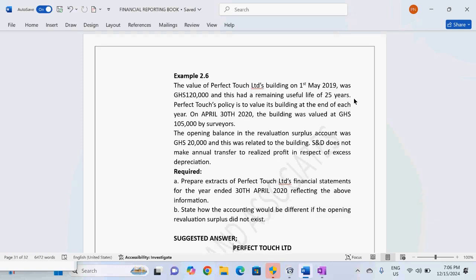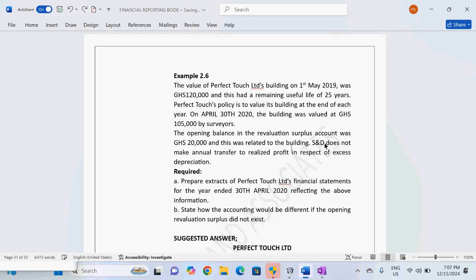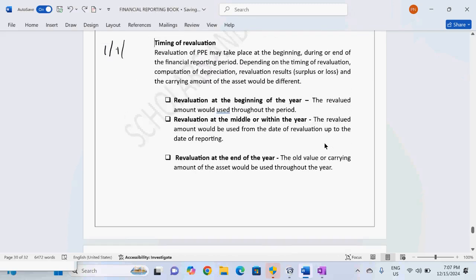The opening balance in the revaluation surplus account was 20,000 cedis, and this was related to the building. Perfect Touch does not make annual transfers to realized profits in respect of excess depreciation. Required: A. Prepare extracts of Perfect Touch Limited's financial statements for the year.